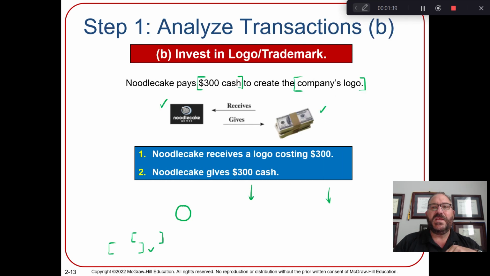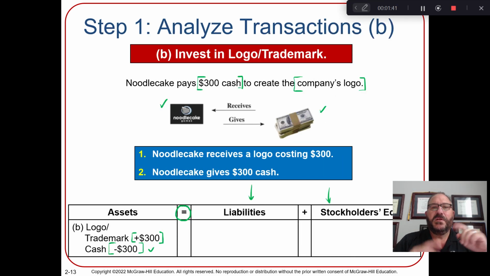All right, next one. Noodle Cake pays $300 cash to create the company's logo, all right? So what happens here? Noodle Cake takes $300 that they have and pays somebody to create a logo or a trademark, okay? So notice, these are both assets.